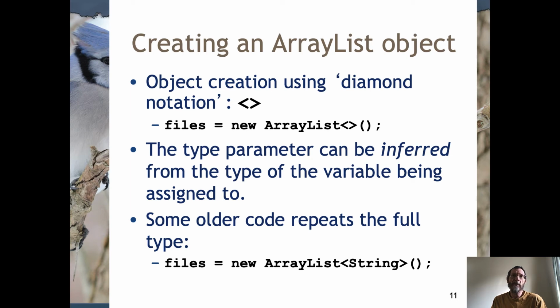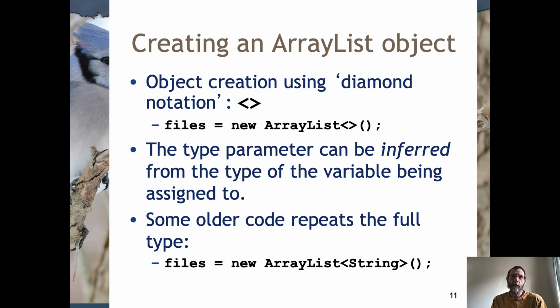So we don't explicitly have to say I want a new ArrayList of String. The compiler can infer from the declaration of the variable on the left hand side what type of objects are going to be stored in the ArrayList, and the compiler can then make the necessary arrangements for that to happen.